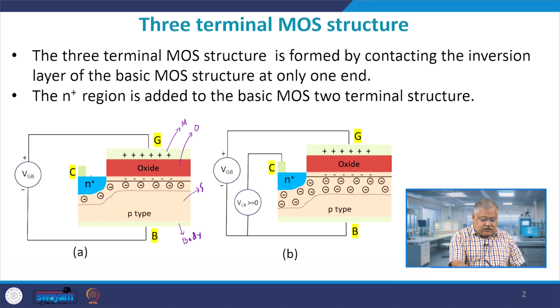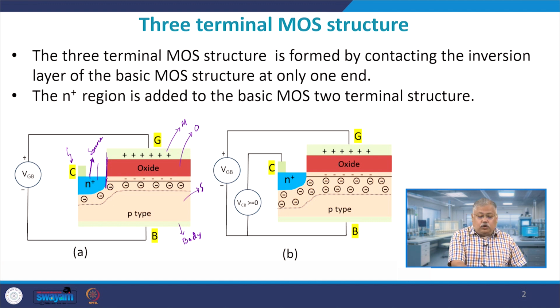We have added an extra N plus region here. This is the highly doped N plus region on the left hand side, blue colored, and let me name it terminal C. This is basically a self aligned structure, which means that wherever the oxide stops, that is where your source terminal starts, so these are aligned.